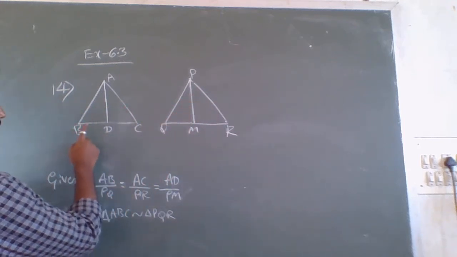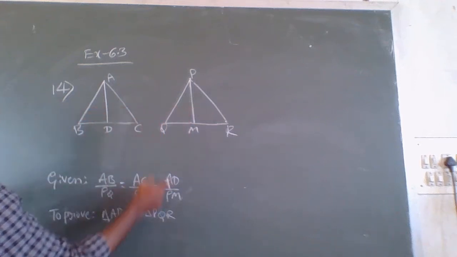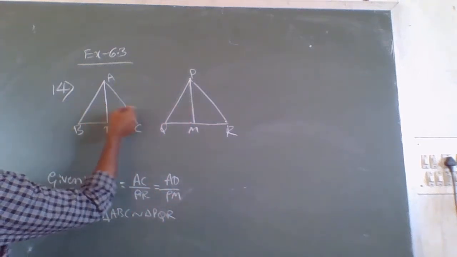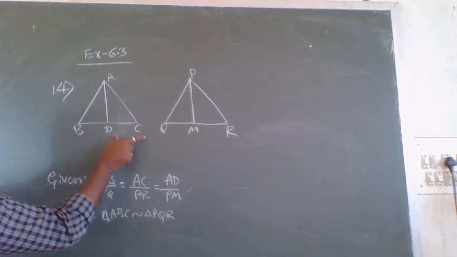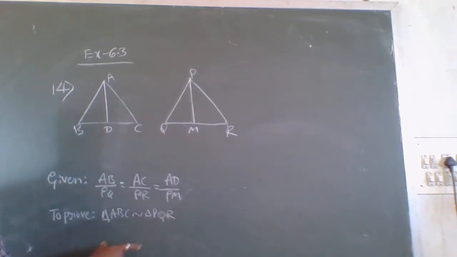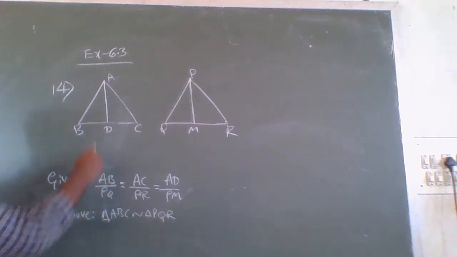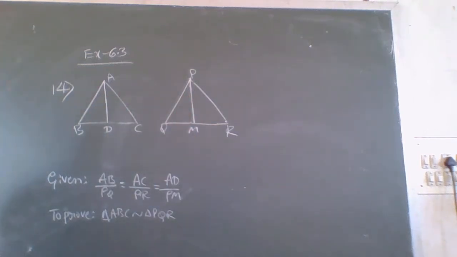In the place of AD proportional to PM, if they had given BC by QR, we could write these two triangles are similar by SSS. But they are given here AD by PM.